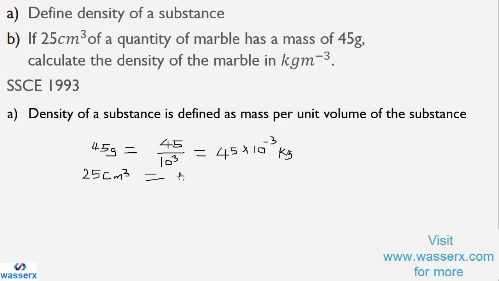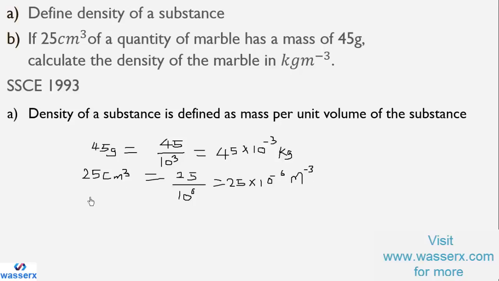That will be equal to 25 over 10 exponent 6, which is 1 million, and this is the same as 25 times 10 exponent negative 6 meter cube.